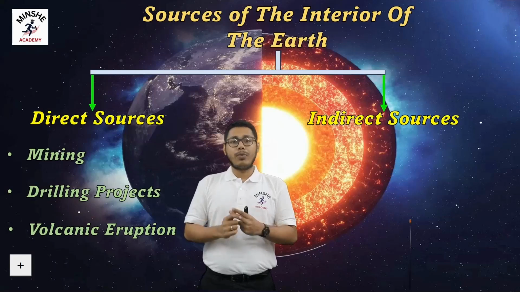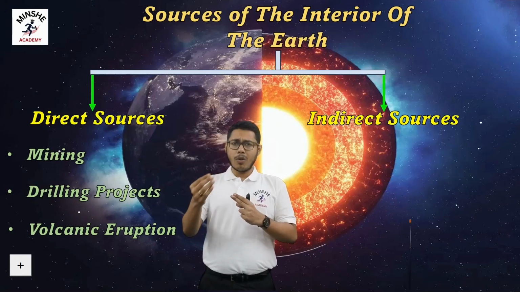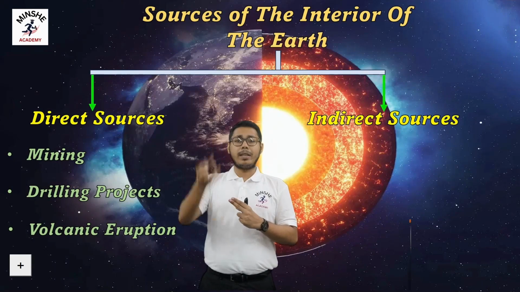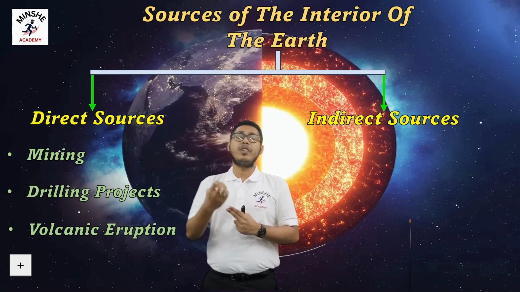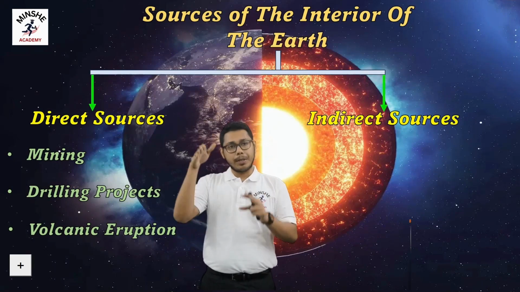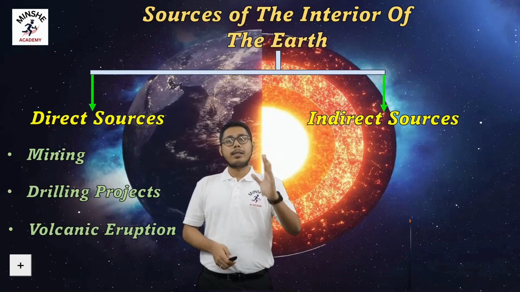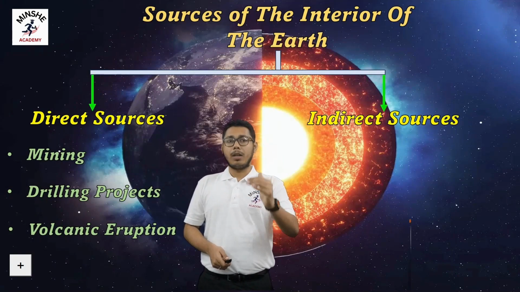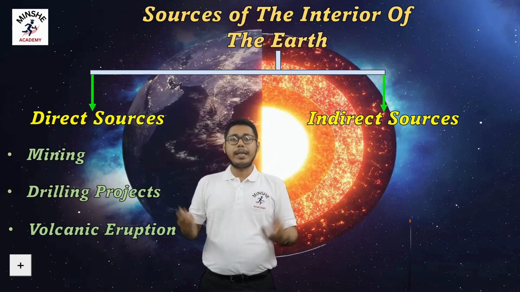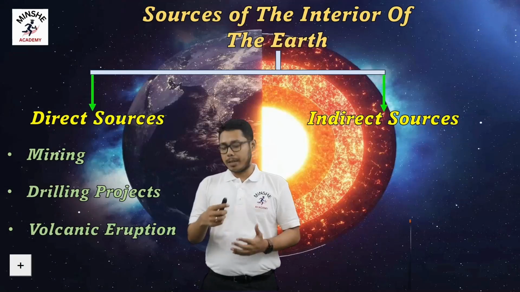Number two, because of the immense depth, which till now it's not possible to reach. So direct sources help, but only up to a certain limit, beyond which our idea of the Earth's interior has come mainly from the indirect sources.